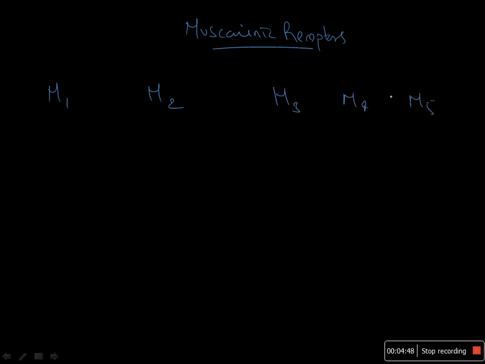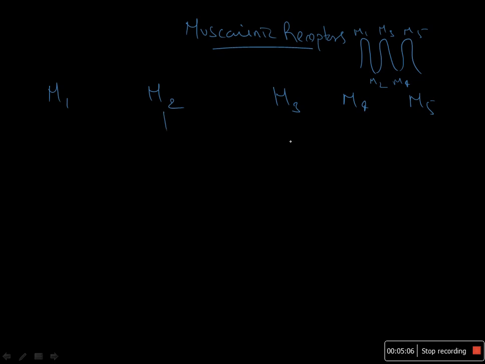Now let's talk about the subtypes of muscarinic receptors. Muscarinic receptors are mainly of 5 types: M1, M2, M3, M4 and M5. To remember this, you can remember like this: this is M1, this is M2, this is M3, this is M4 and this is M5. The top ones are stimulatory and the bottom ones are inhibitory.